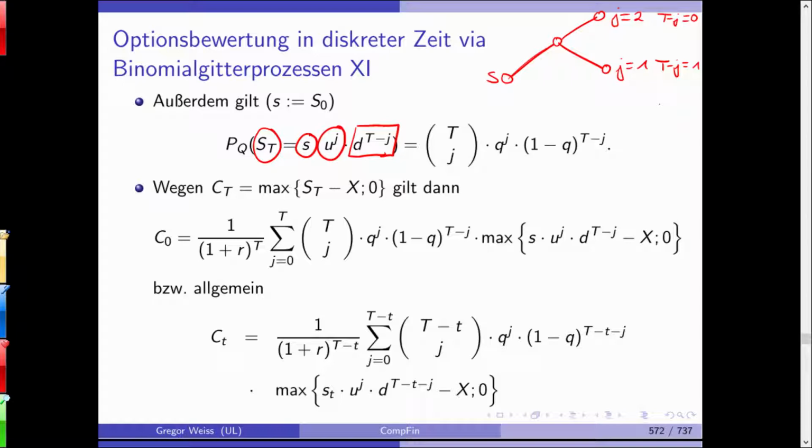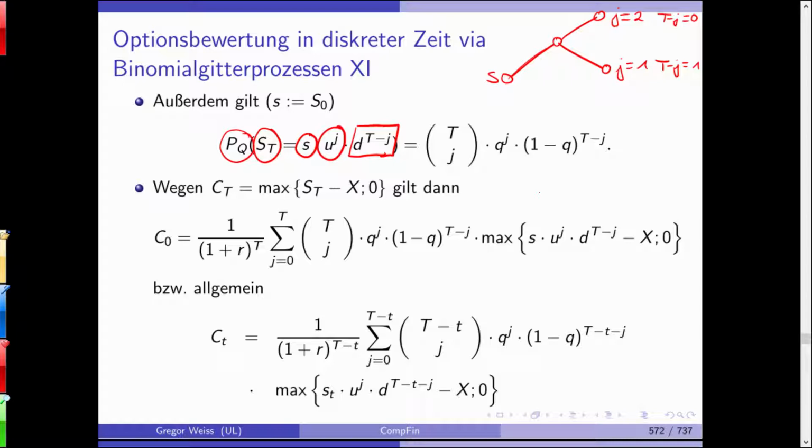This probability here is what? It is simply T over J times Q taken to the Jth power times 1 minus Q taken to the T minus Jth power. This is quite simple. Again, remember, it's a lottery with 2 outcomes, and you are grabbing into this lottery without putting the balls back.